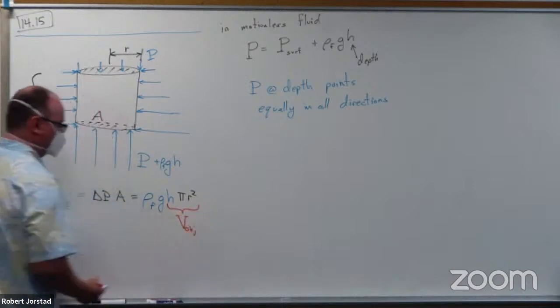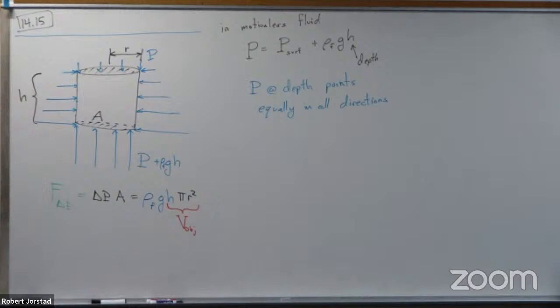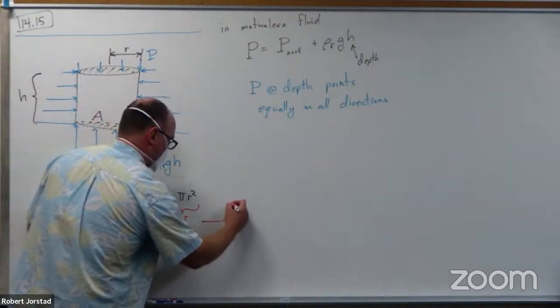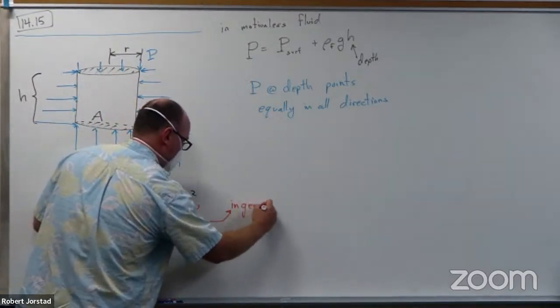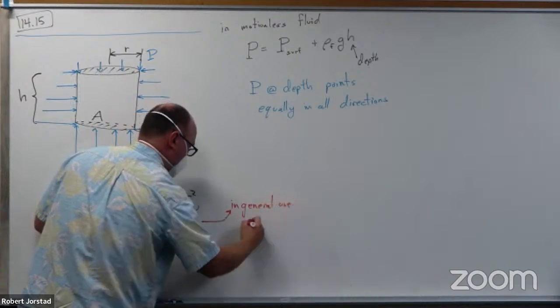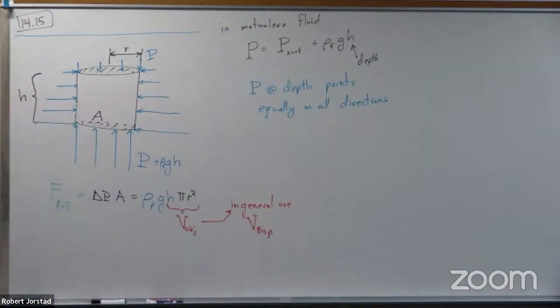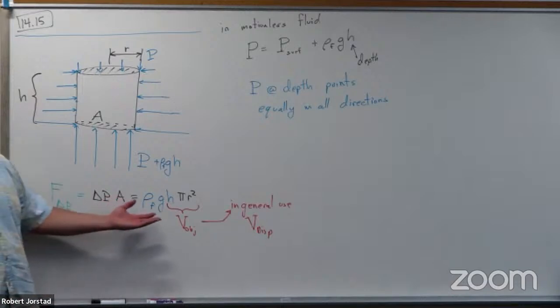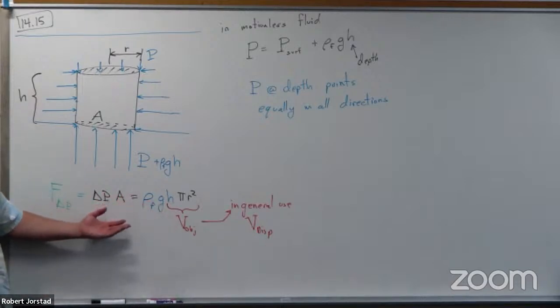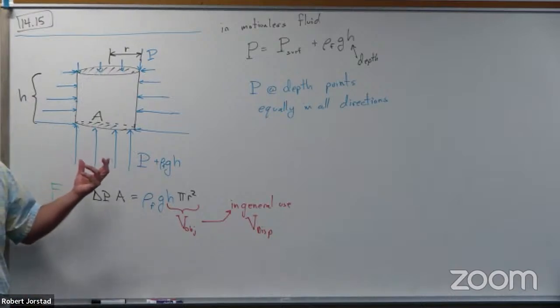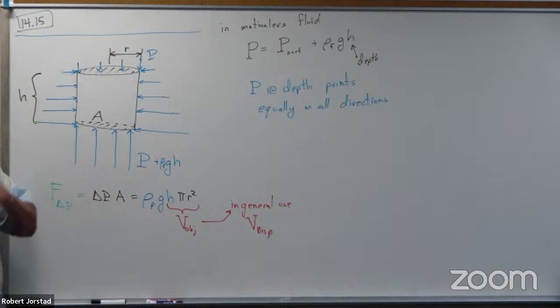Yeah, so notice in this case, we have a solid object fully submerged, and for this case, the volume displaced happens to be the volume of the object. But in general, this force will always relate to the volume displaced. So notice that is the buoyant force. That was our formula for the buoyant force. Does that make sense?